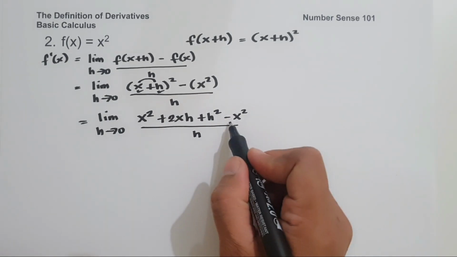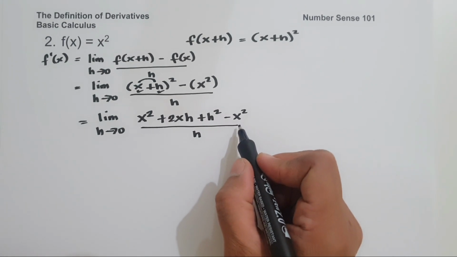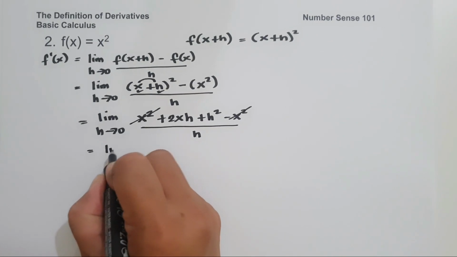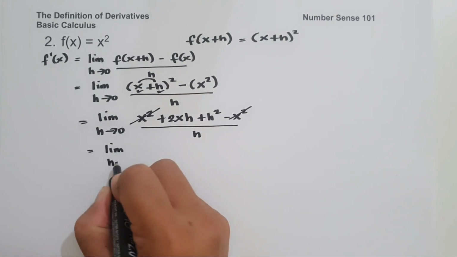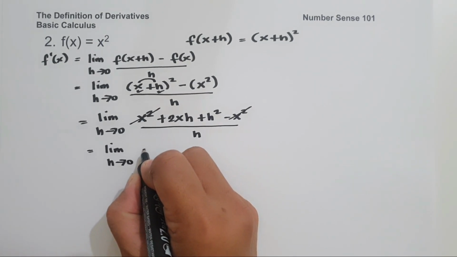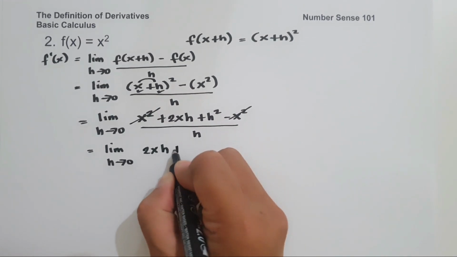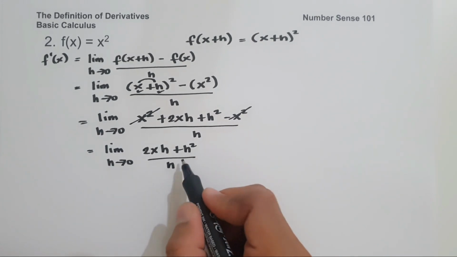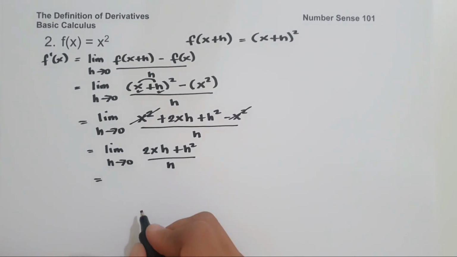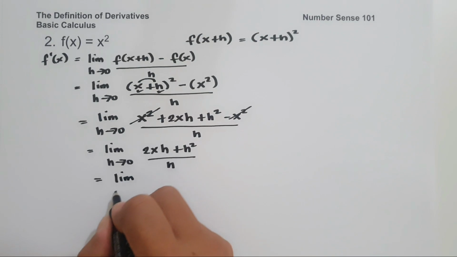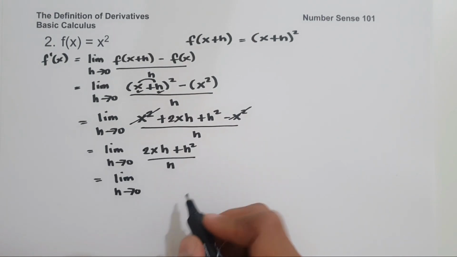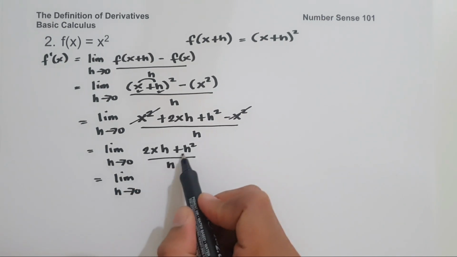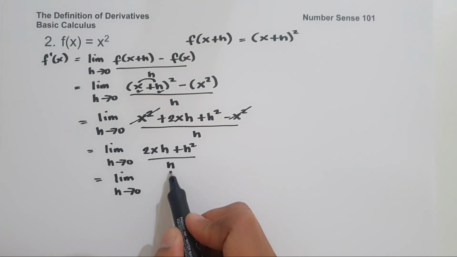x squared minus x squared, that is 0. So we can cancel this one. It will give us the limit as h approaches 0 of 2xh plus h squared, all over h. So we can factor this one. The greatest common factor between 2xh and h squared is h.